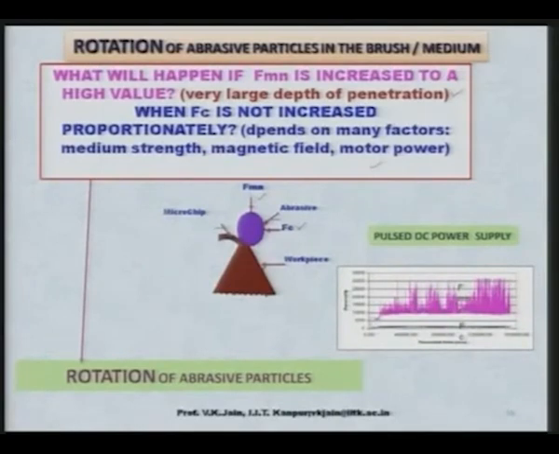I have told you that during the pulsating flexible magnetic abrasive brush, you get as high as 3000 Newton as the normal force acting on the workpiece surface, and you can clearly see there is hardly any increase, or no increase, as far as the cutting force Fc is concerned. That is very clear from this diagram also.